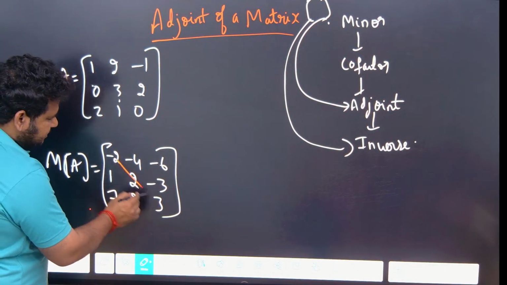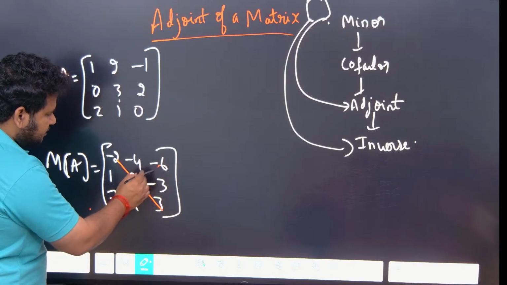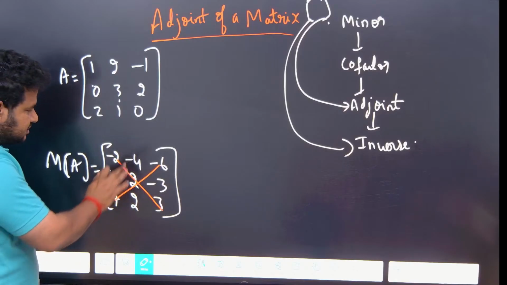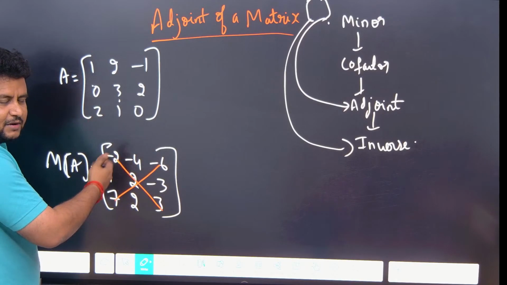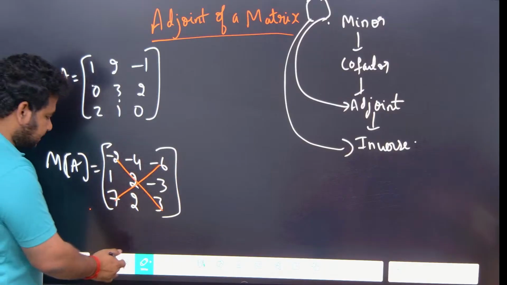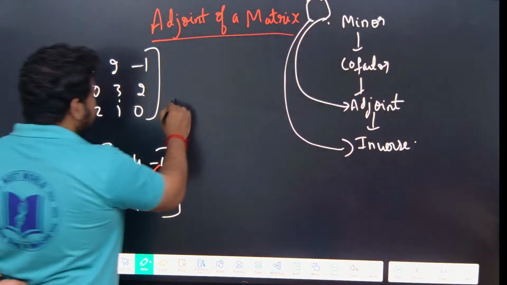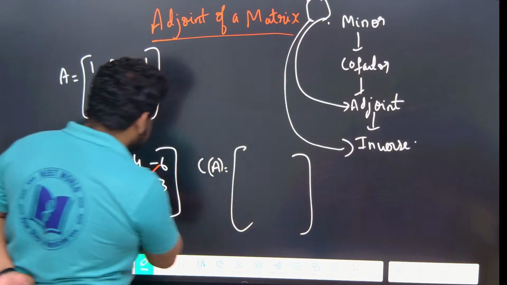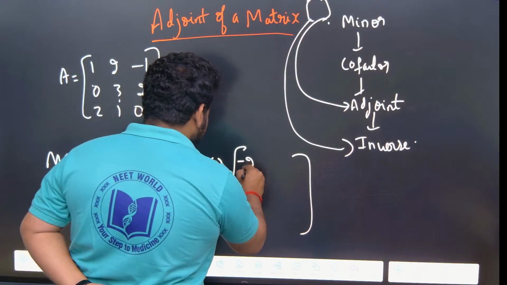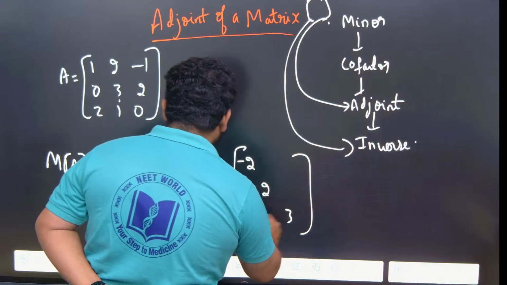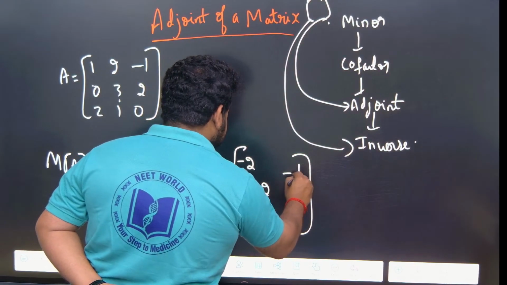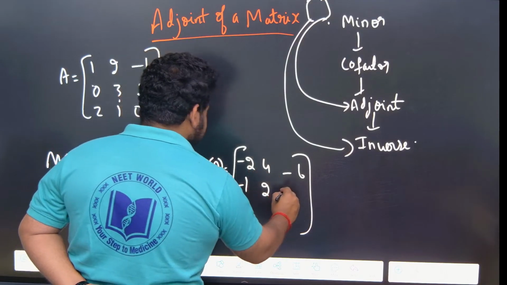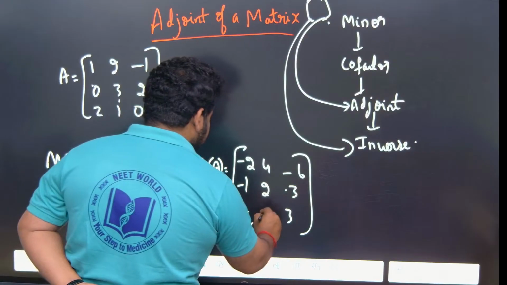You change the signs, plus and minus. Observe here: the diagonal elements, keep them as they are, and for the remaining elements multiply with a minus sign. So for the cofactor of A, keep both diagonal elements as they are: minus 2, 2, 3, 7, minus 6. Now minus 4 becomes plus 4, minus 1, 3, and 2 becomes minus 2, minus 2.